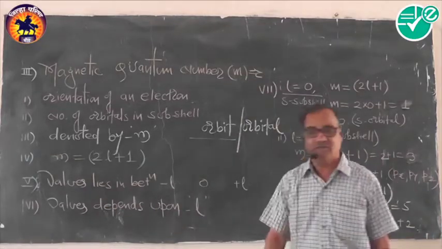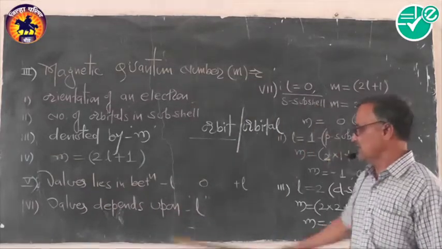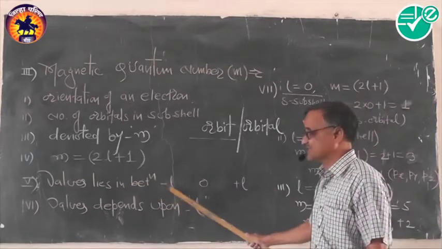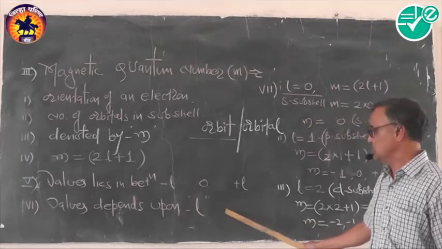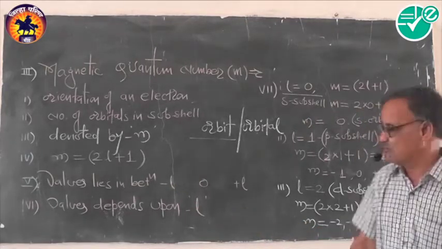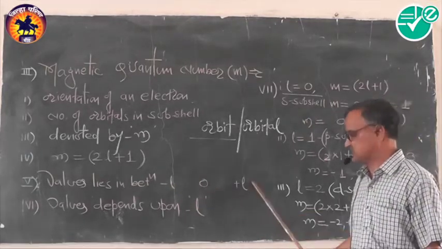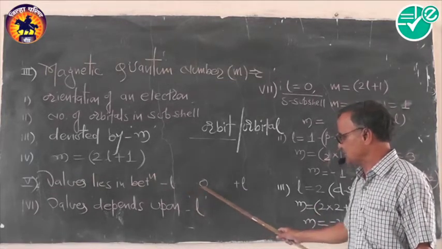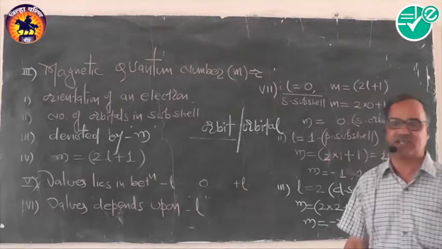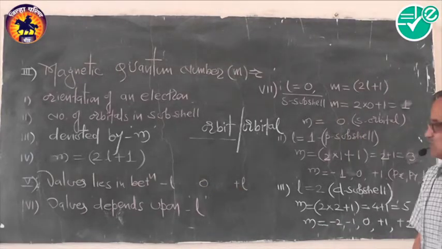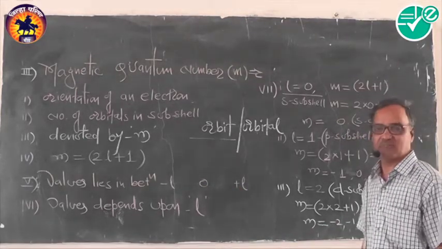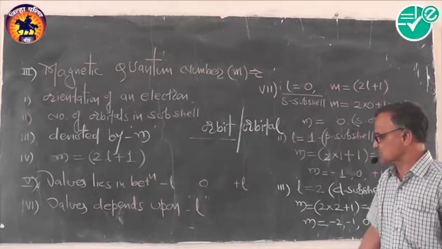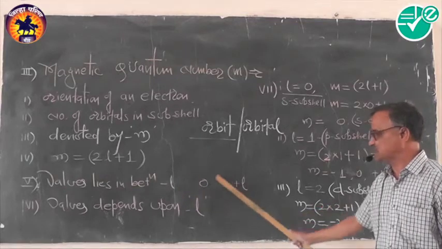What is the fifth one? The values of magnetic quantum number lie between minus l, 0 to plus l. These are the values between which the magnetic quantum number lies.